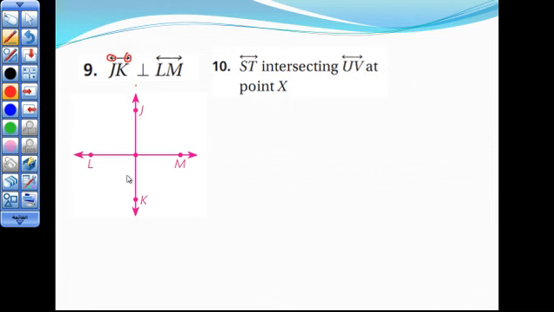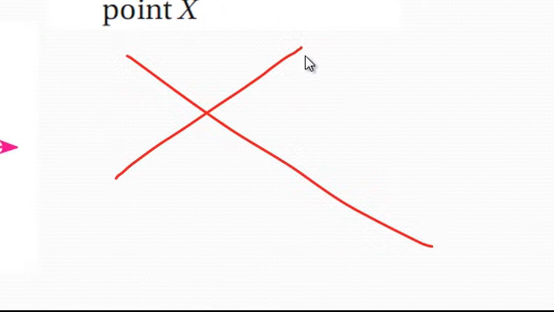Now, question number 10. A line ST intersecting a line UV at point X. He said at point X, I can draw intersecting by an easy way. Look. Look again. Yes. Put the heads of every line. Then name every line.